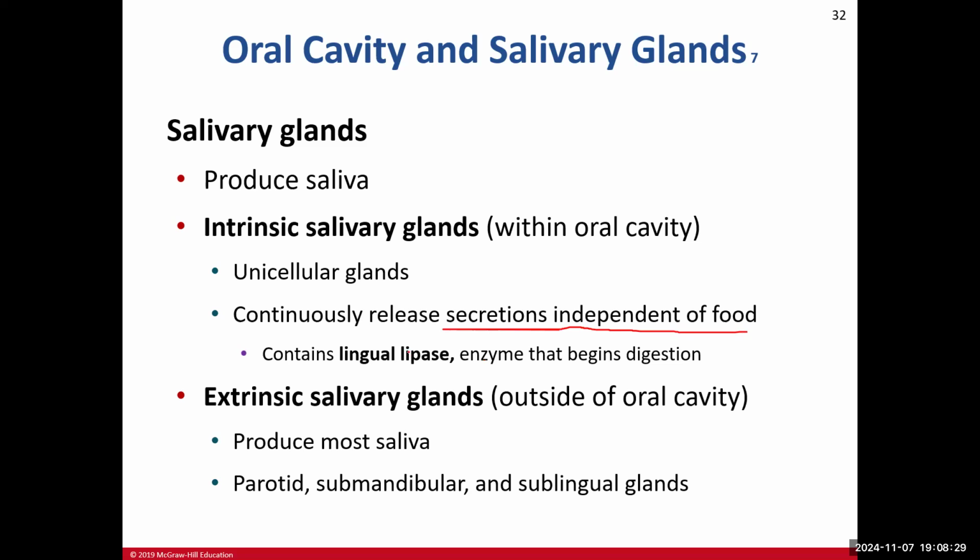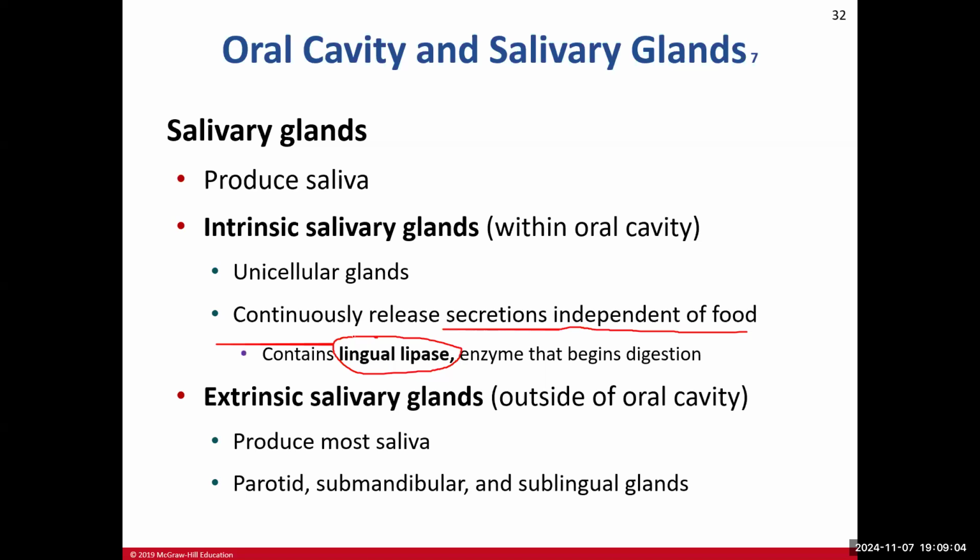Here's the thing that you need to know. They produce lingual lipase. But here's the catch. Lingual lipase is inactive in the oral cavity. It's not until it enters the stomach that it gets activated by the secretions in your stomach. So even though you're secreting it, it's not acting on breaking down fat, because that's what lipase does.